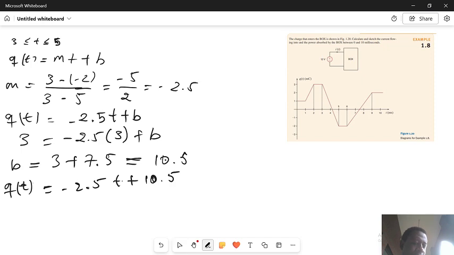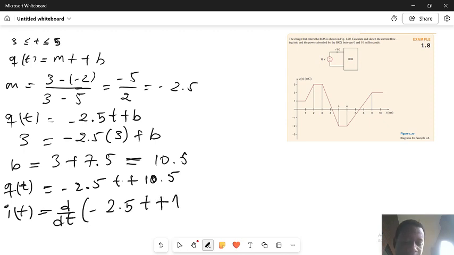We saw in the previous slide that the current is the derivative with respect to time of the charge, minus 2.5 t plus 10.5. So this is going to give me minus 2.5.